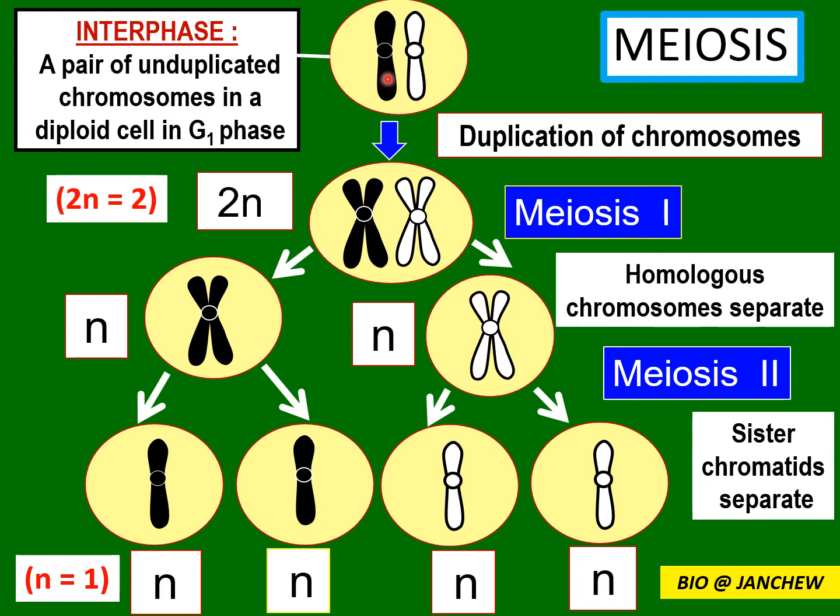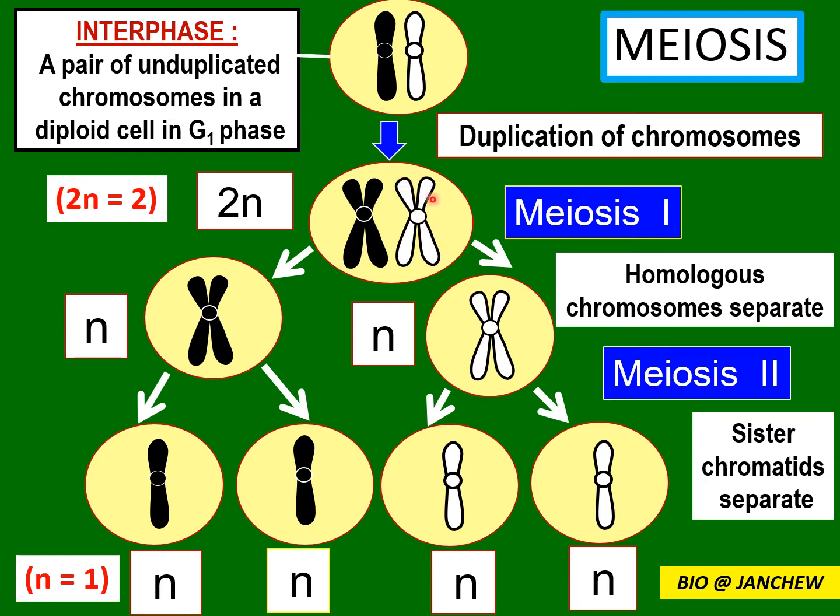So here's what happens. Each chromosome now, after duplication, consists of 2 sister chromatids joined at the centromere. So it's still 1 whole chromosome. This one X-shaped structure is 1 chromosome.